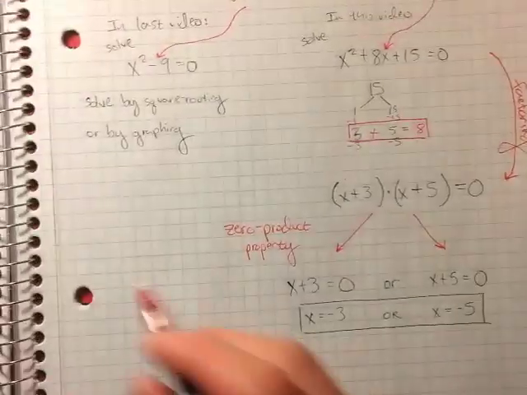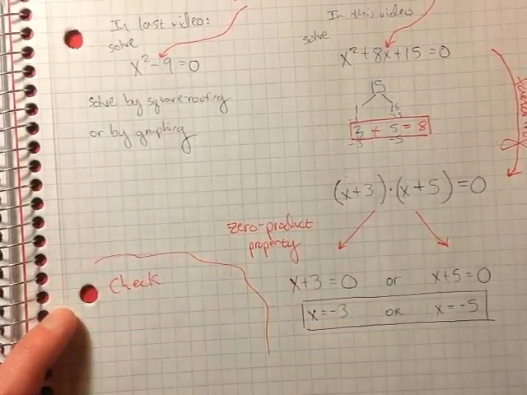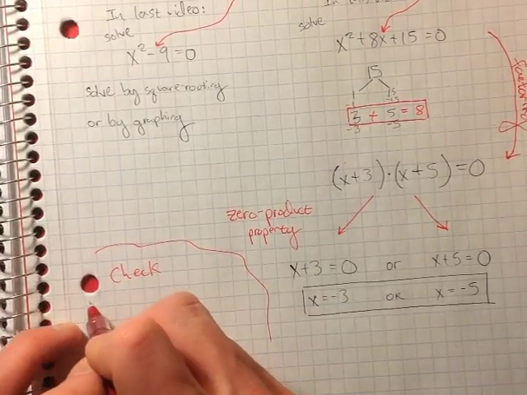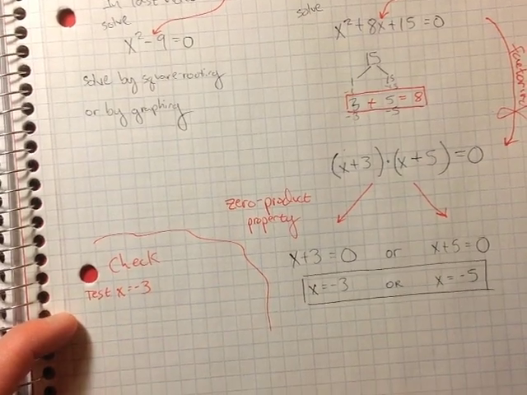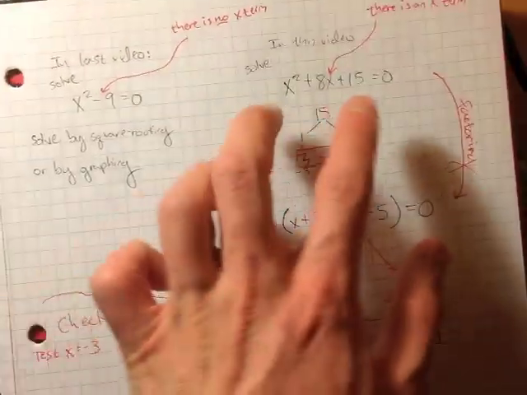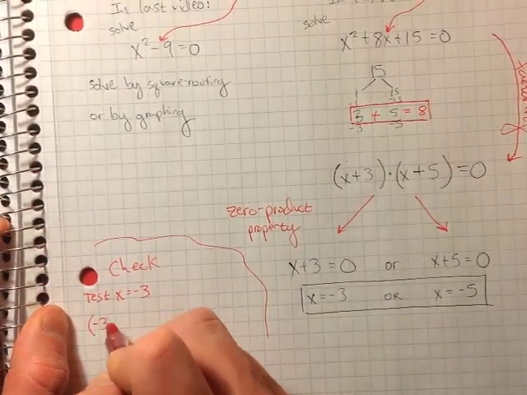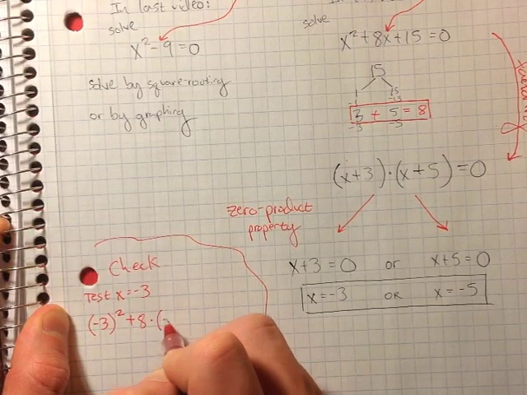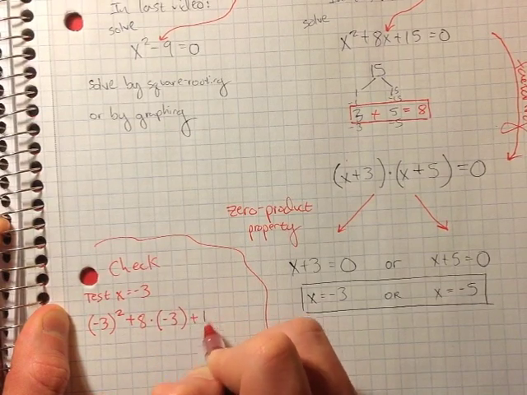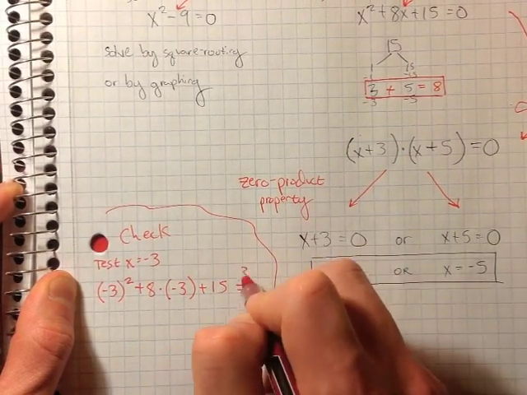Let's just check that. So first of all, let's test x equals negative 3. Okay? So I'm going to take this equation here and plug in -3 wherever I see x. Now, is this equal to 0?